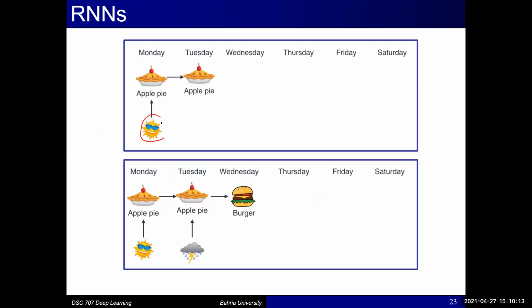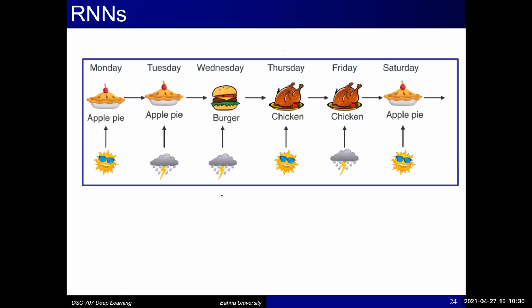Okay, if it is sunny and the previous day this dish was cooked, then today we expect the same dish. On the other hand, on Tuesday we had this, but the weather was rainy. So the next dish we expect is basically the next dish in the sequence. You already have that defined sequence. The only thing that has changed here is that now you have an additional input coming from this arrow. Previously we did not have this input.